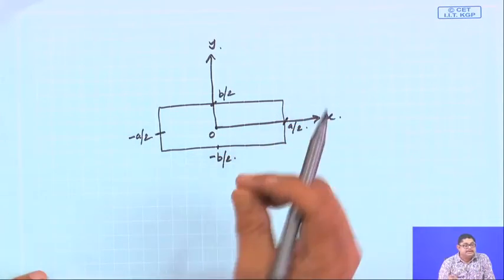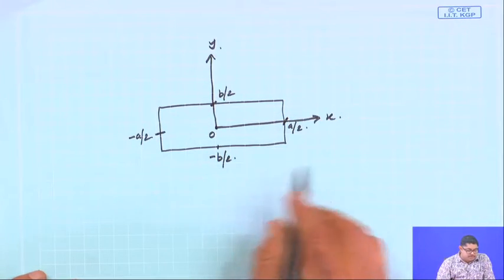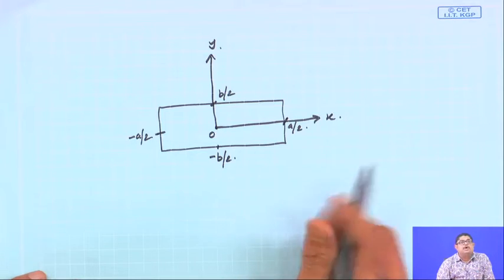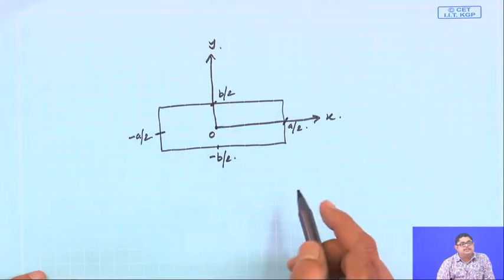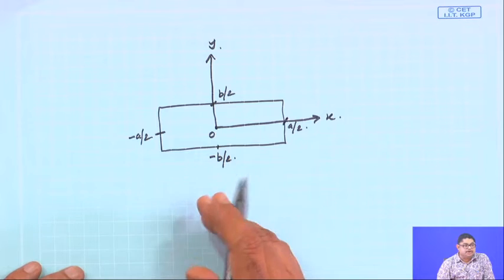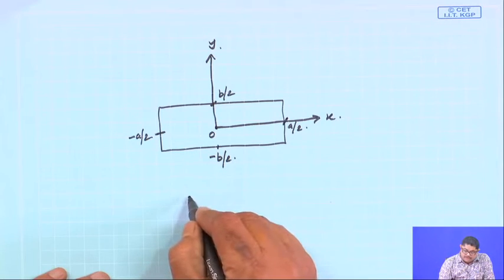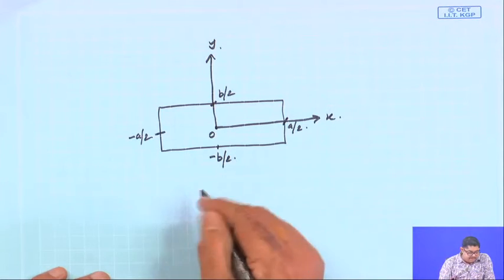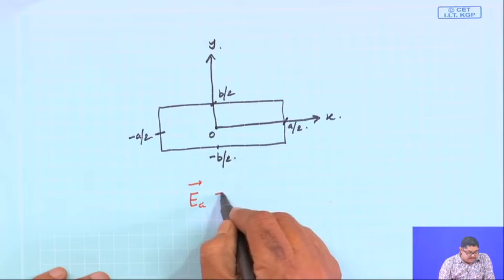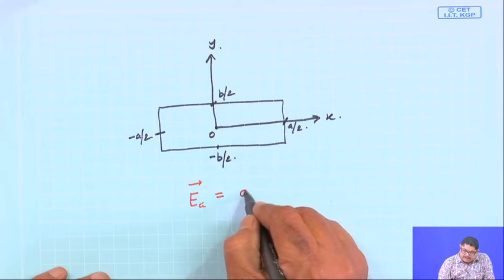In slots, generally the widths are very small, so you can assume that the field is uniform there, or in a more advanced treatment you can assume some other field based on where the slot is cut, etc. But to start with, you will see that this gives a good result.